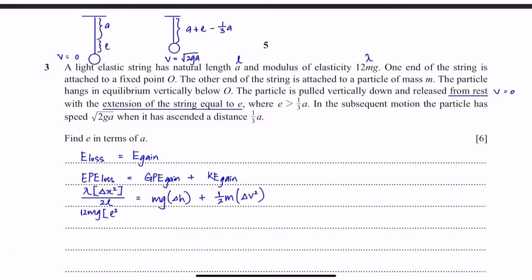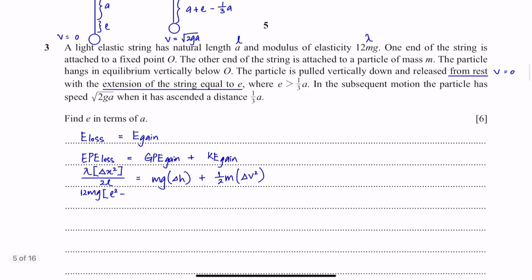So we have e squared minus, and after it has ascended, we know that it has ascended a distance of 1/3 a. That means the extension would now be e minus 1/3 a. So e minus 1/3 a would be the extension after it has ascended.